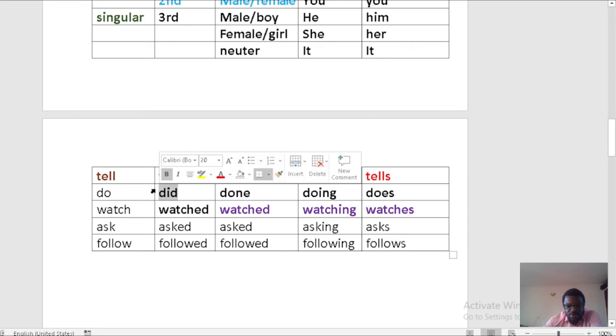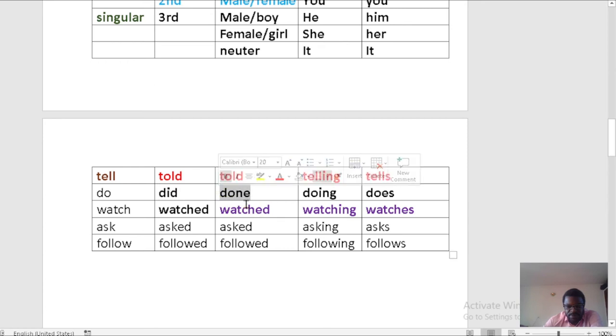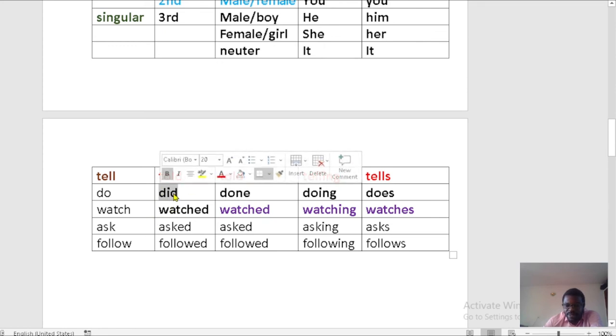Did. Did you do your homework? And done, the V3, which is the past participle, we use when we talk about present perfect tense.